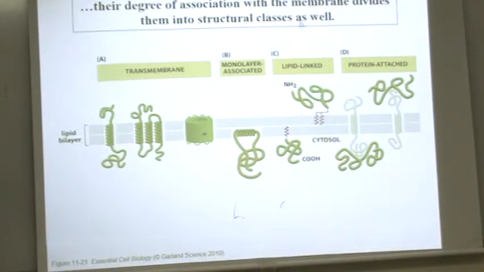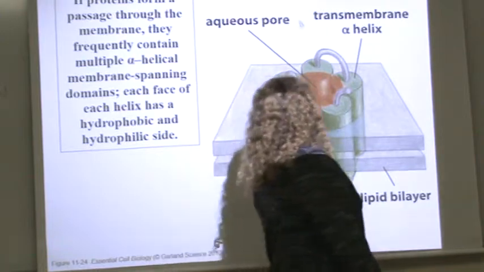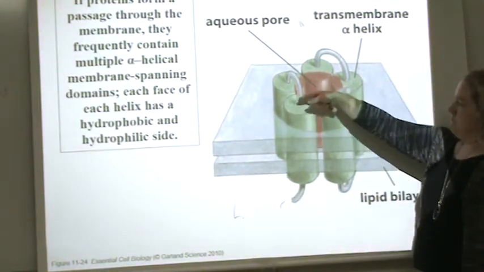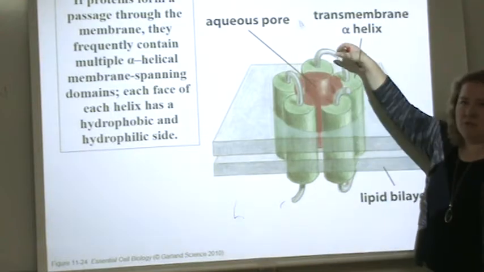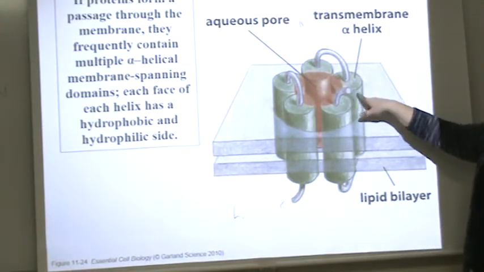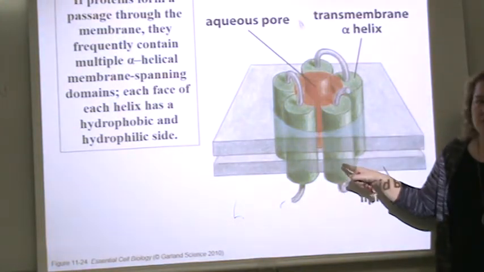So proteins that are going to allow things to cross sides have two major structures. They can form several alpha helices in a ring that creates a pore.